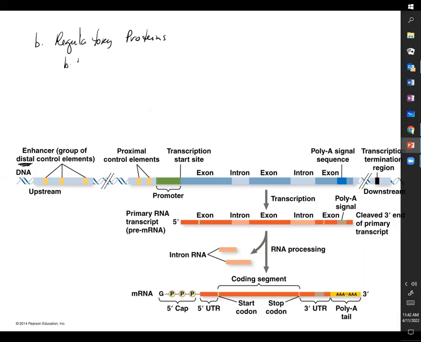We know that basal transcription factors and RNA polymerase II bind the core promoter, and they're required for transcription, so they have to be there.